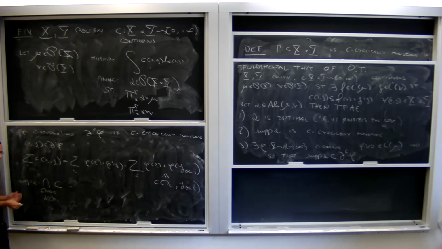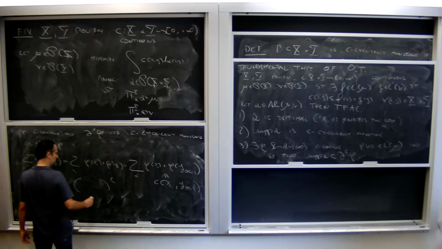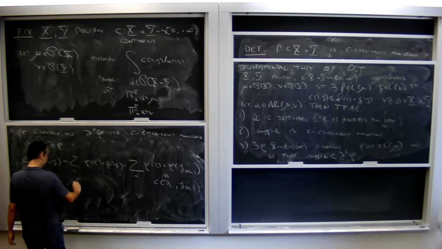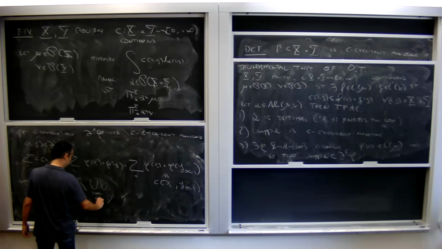This is for probability measures; otherwise you can adapt this to a general measure. This is equal to the complement: X minus the union of all the U open such that alpha of U is equal to 0.